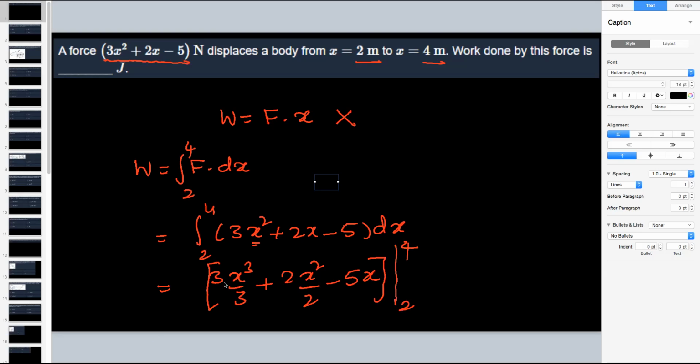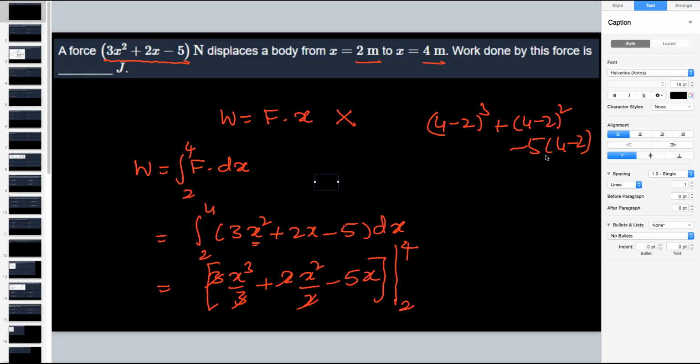Now you know how to substitute these integration limits and get the answer. Let's substitute them. The x cube is there, so 4 minus 2 cube plus 4 minus 2 square minus 5 into 4 minus 2. Can we substitute like this?